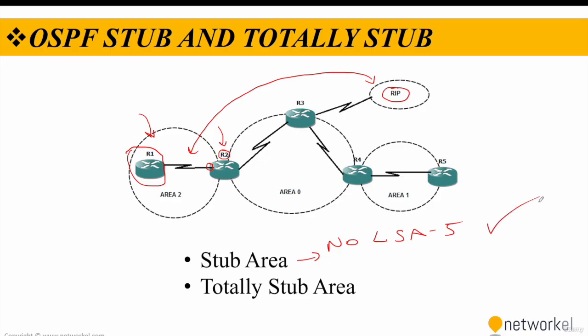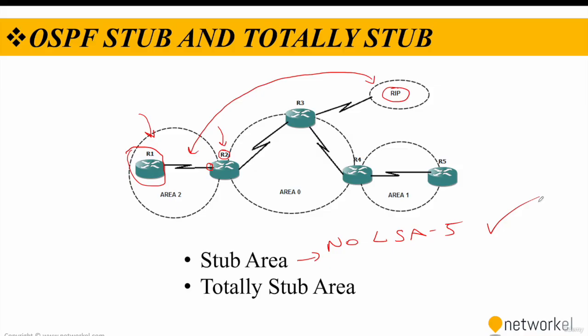Okay, and when it comes to the OSPF totally stub area, it further reduces the routing overhead. It provides even more reduction in routing information compared to a standard stub area by also filtering internal summary routes.